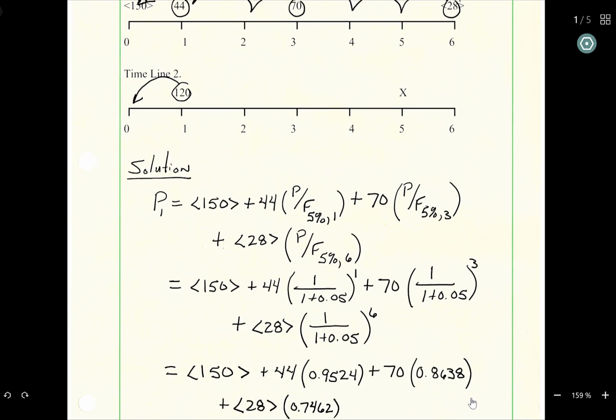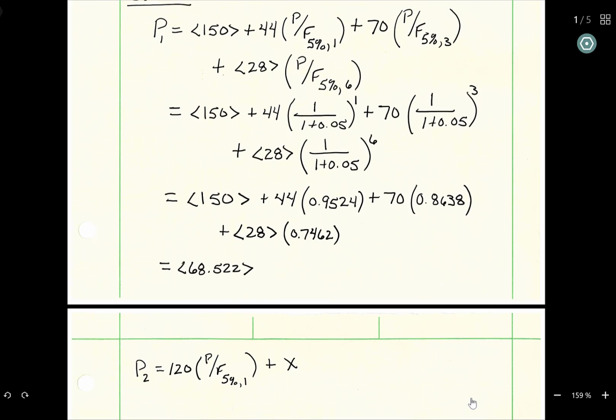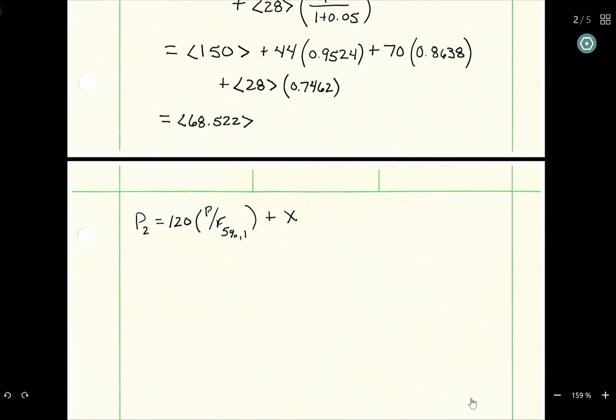Now we also have the value of x in the equation. Again, scrolling back up, we see that x is there in year 5, and it must be brought back 1, 2, 3, 4, 5 compounding periods to get it all the way back to time 0. We'll use a P over F factor, where I again is equal to 5%, and N in this case is equal to 5 years or 5 compounding periods.